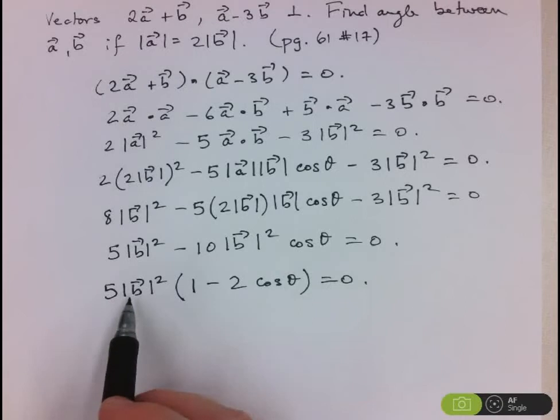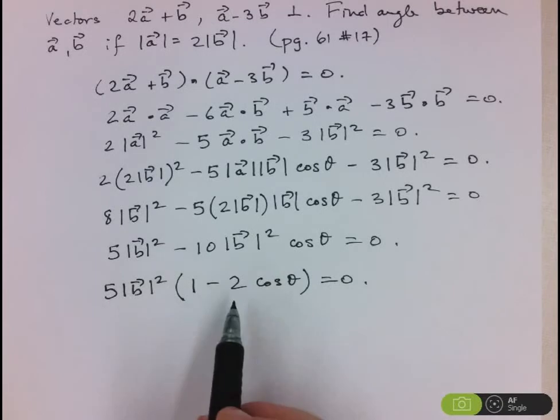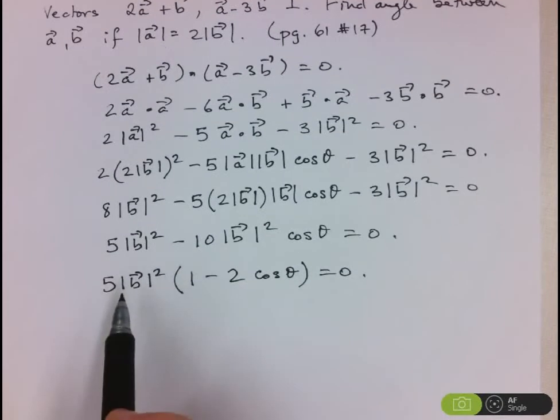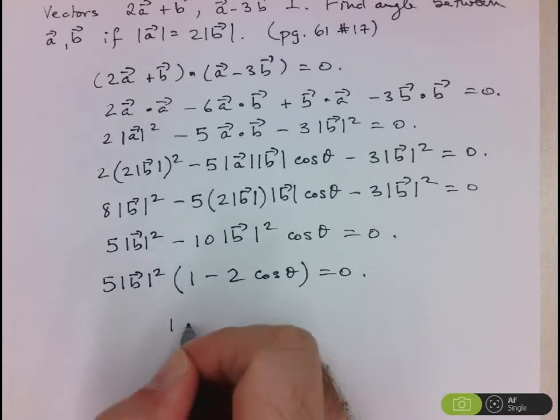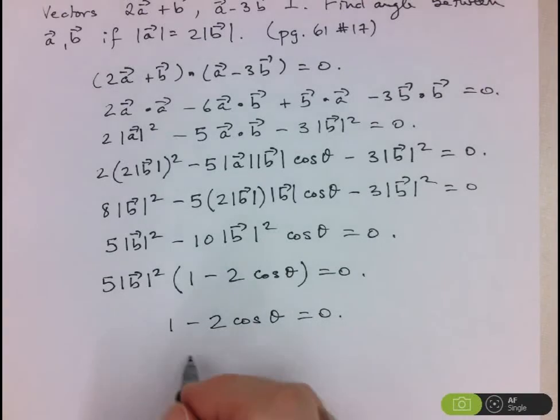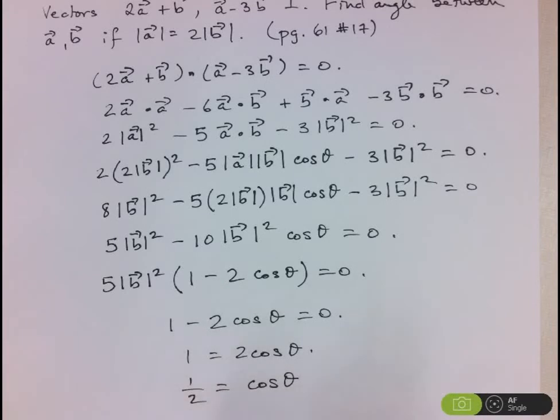We know that either the first expression has to be equal to 0 or the second expression has to be equal to 0. Now, they didn't actually tell us that a and b were non-zero vectors, but since we're looking for the angle between two vectors, it's safe to assume that they're not looking for the scenario where b is the 0 vector. So we'll assume here that 1 minus 2 cos theta has to be equal to 0. But if I do a little simplifying here, I end up that cos theta is just equal to 1 over 2.